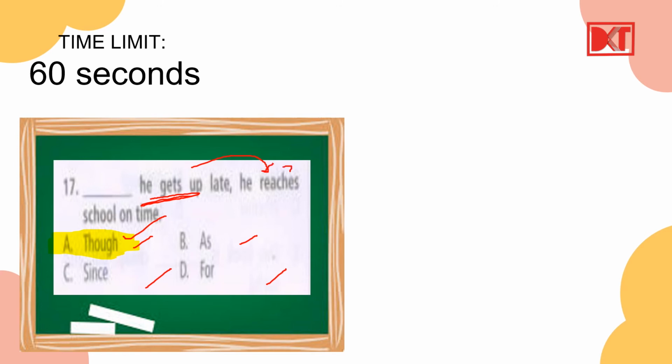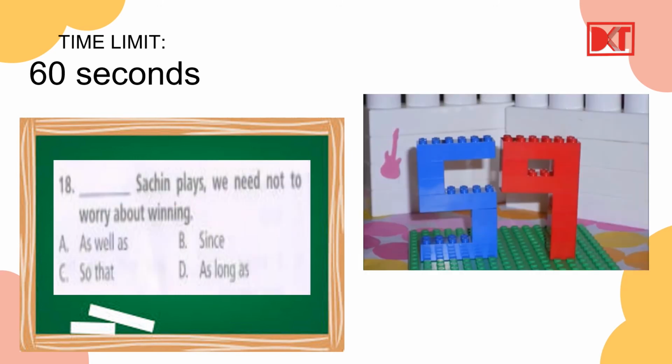Okay. So though he gets up late, he reaches school on time, right? Then as is used for certain reasoning, we can say since again for reasoning. For can be used for reasoning again.